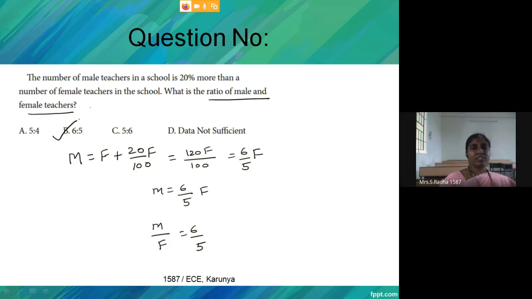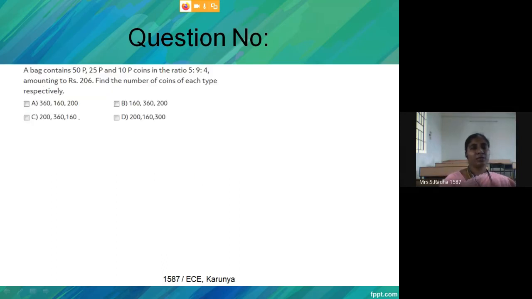Now I am going with the last problem. A bag contains 50 paisa, 25 paisa and 10 paisa coins in the ratio 5:9:4, amounting to 206 rupees. Total amount is 206 rupees. Find the number of coins of each type respectively.